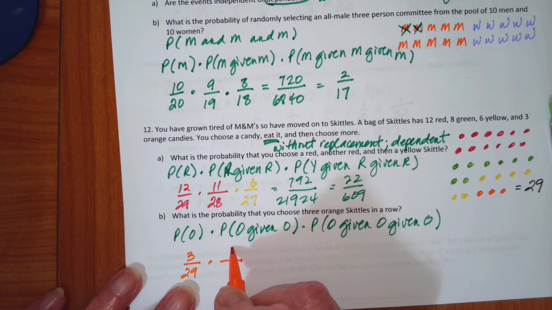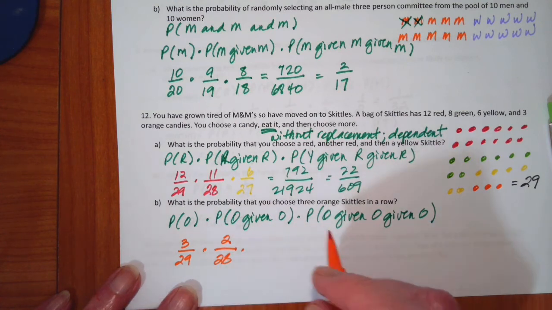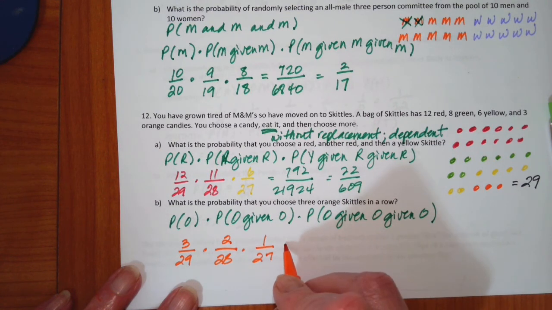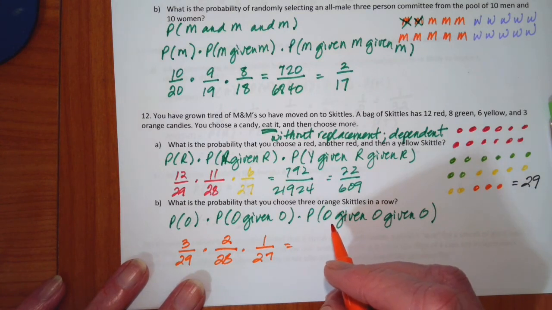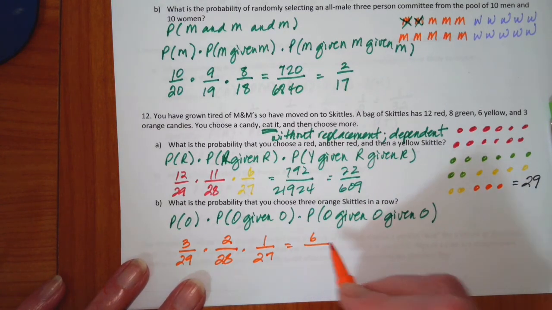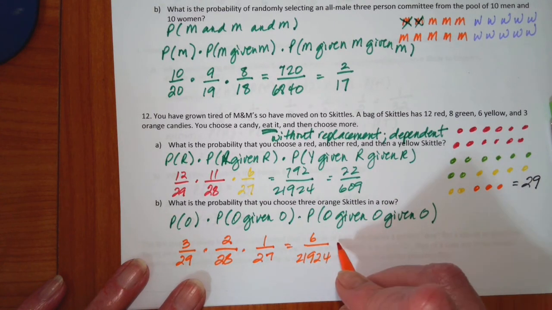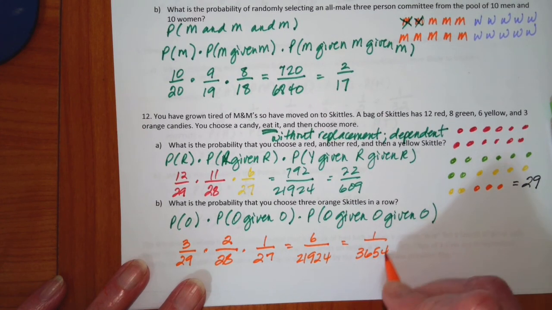One of these is gone now, so you only have 2 orange left, but there are only 28 Skittles left in the bag. And lastly, you have 1 orange out of the 27 Skittles left in the bag. That gives you 6 out of 21,924, which reduces to 1 over 3654.